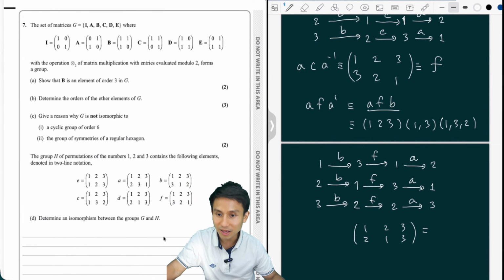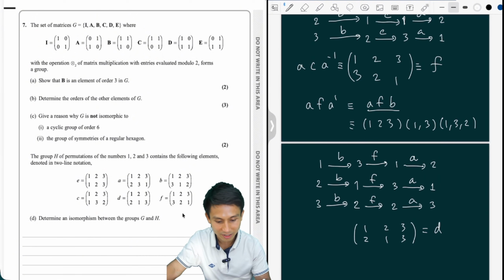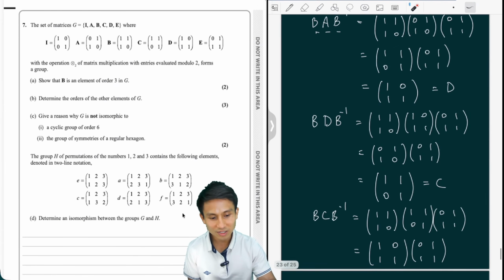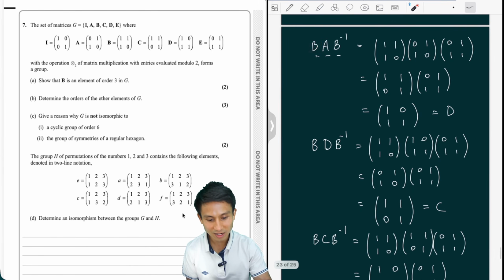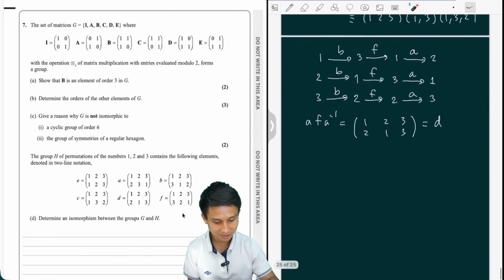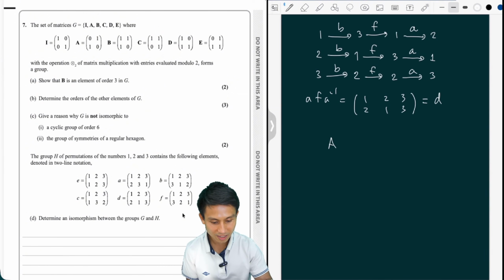That is the same as 2, 1, 3 is D, right? So A, F, A inverse is equal to D. Aha. So if we do the diagonalization from B, we're going to get A and D and C.